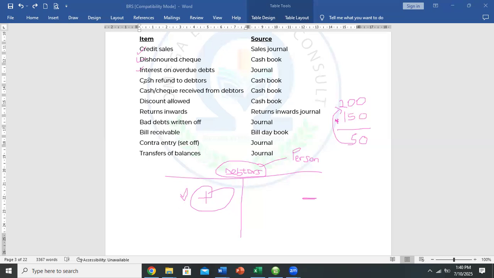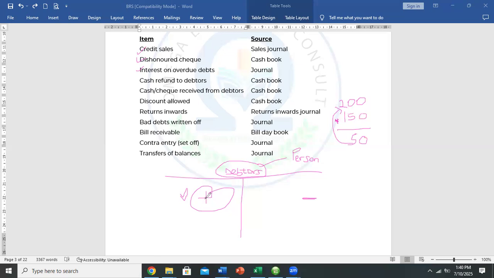Cash refund to debtor. You are refunding cash to a debtor. What would that do? Would it not increase the balance? Or if you use debit the receiver, credit the giver, if the business is refunding to debtors, the debtor will be receiving, so it would be debited.